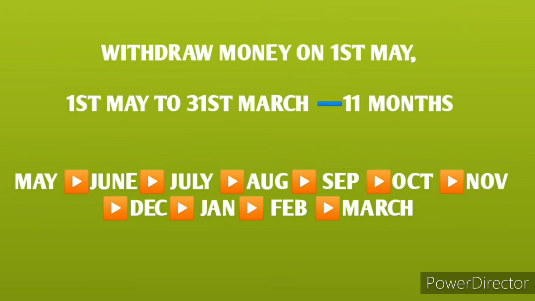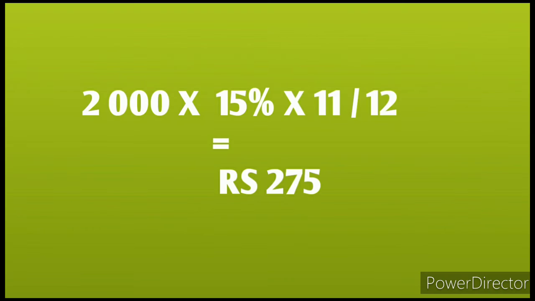So we will calculate it in this way: 2000 multiplied by 15% multiplied by 11 by 12, that means 11 out of 12 months. He withdrew for 11 months out of 12. So our first answer will come, that is 275.